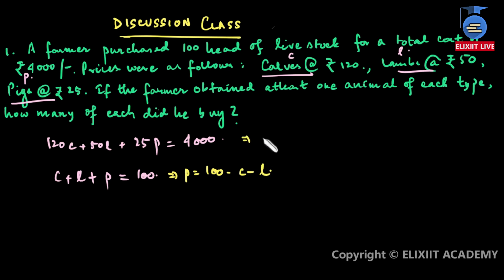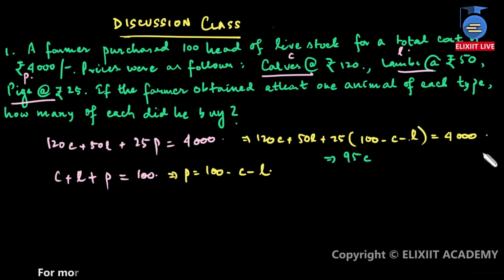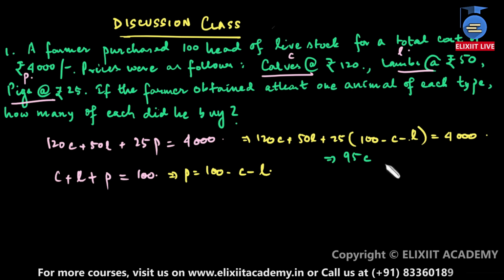So this turns out to be 120C plus 50L plus 25 multiplied by (100 minus C minus L) is equal to 4,000. Simplify this: 120C minus 25C gives 95C, and 50L minus 25L gives plus 25L.